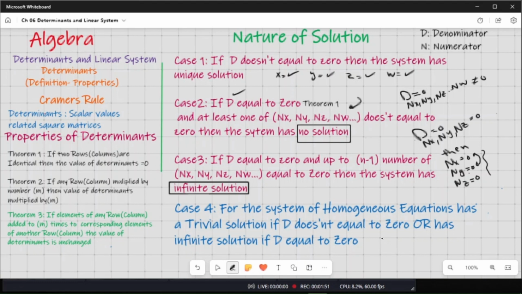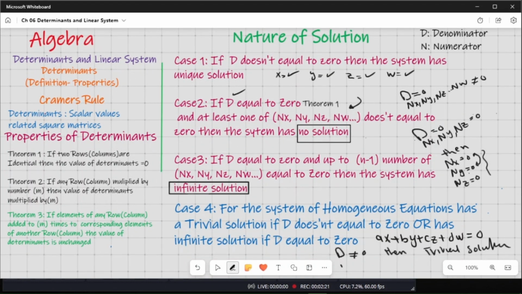And here a homogeneous system is represented by this equation: ax plus by plus cz plus tw equal to 0. Okay, so here if d doesn't equal to 0, then this system has a trivial solution.